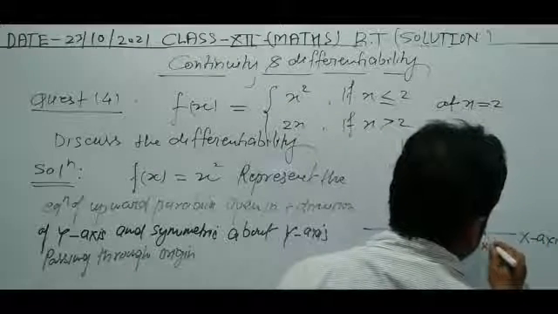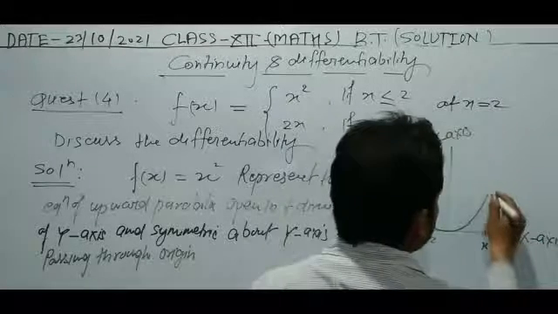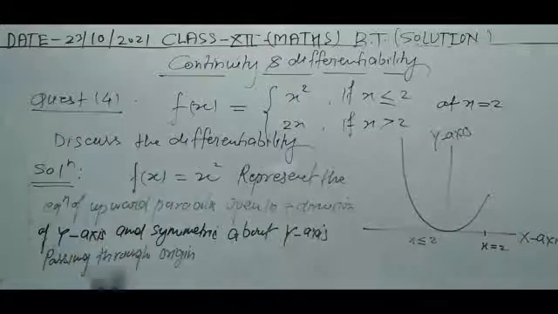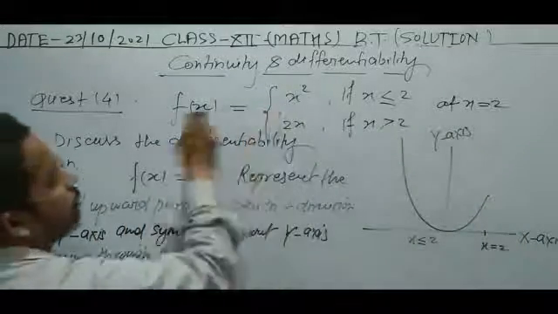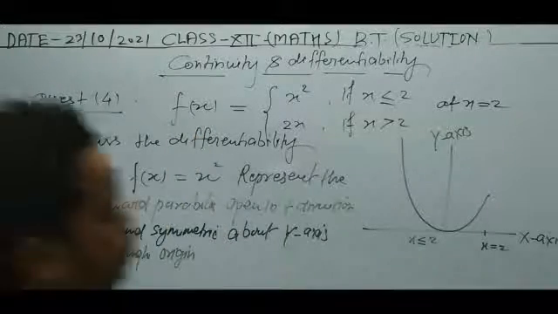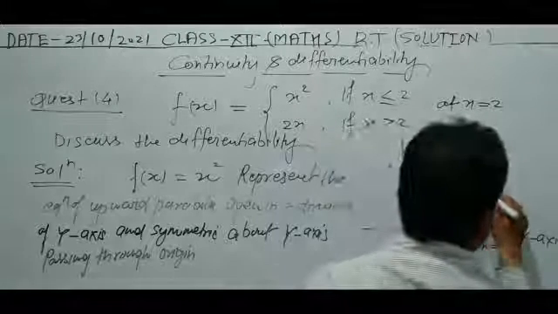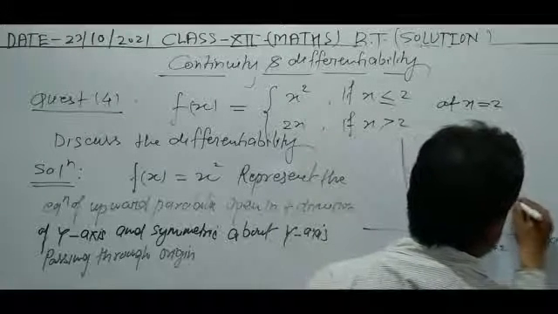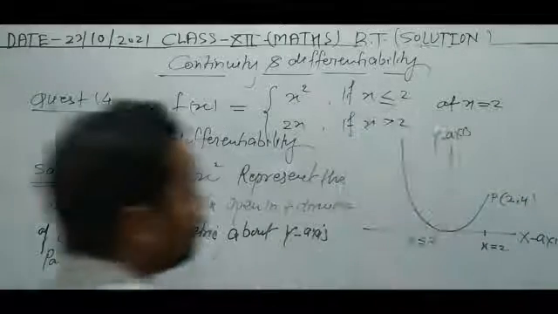So this is the point. Here x is equal to 2, and when you put x equal to 2 in this equation, you will get y equal to 4. So this coordinate will be (2, 4). Suppose this is the point P, its coordinate is (2, 4).